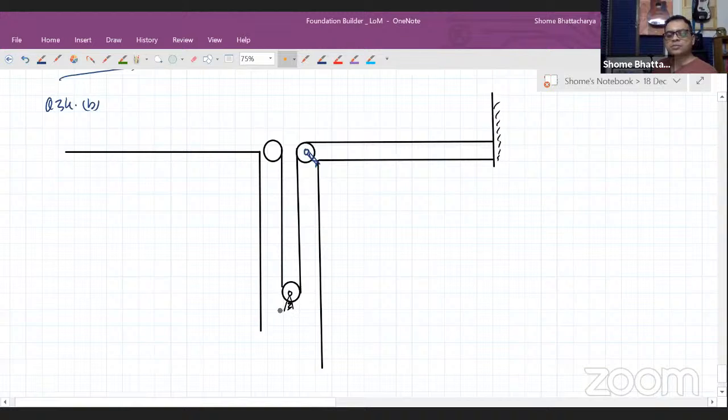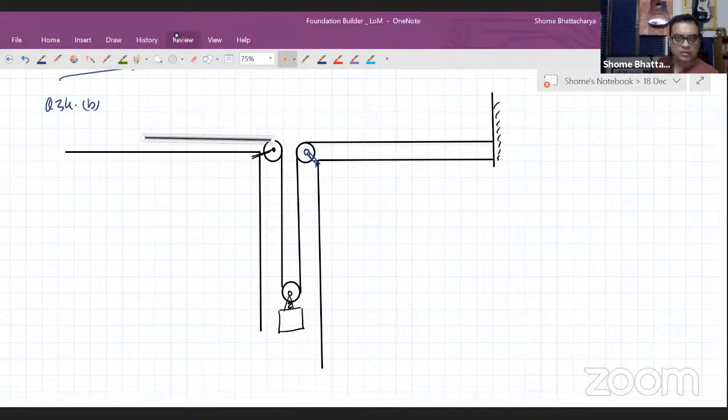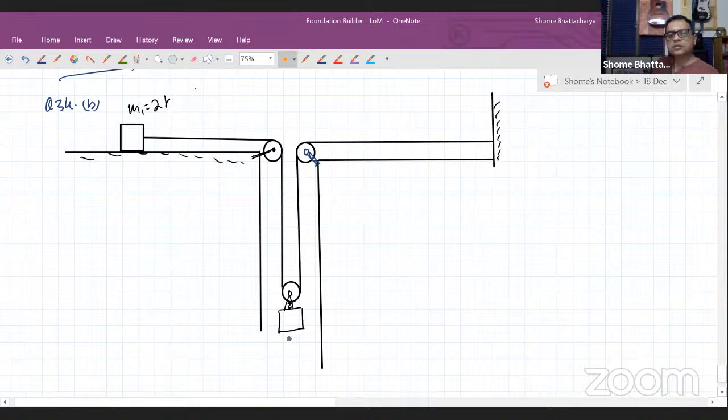What is changing is the part of the thread length which is hanging vertically, and also the part of the thread length which is attached between this block and this pulley. So this M1 here is 2 kg, and this mass here is 5 kg.